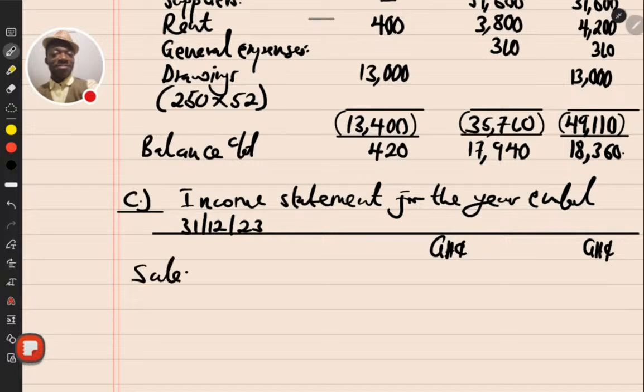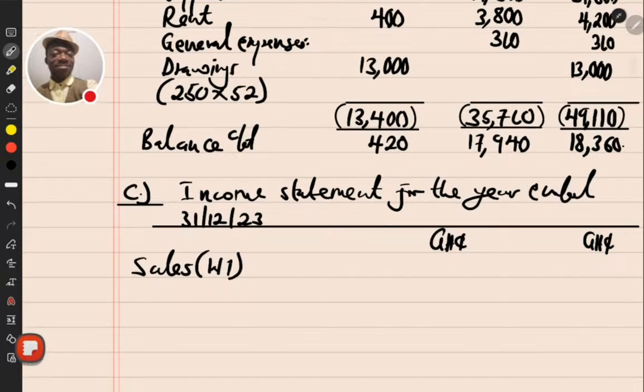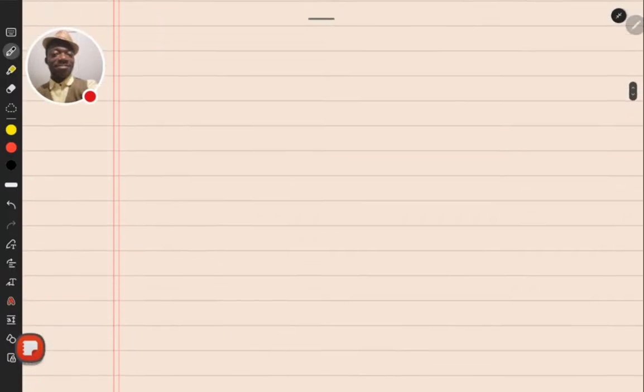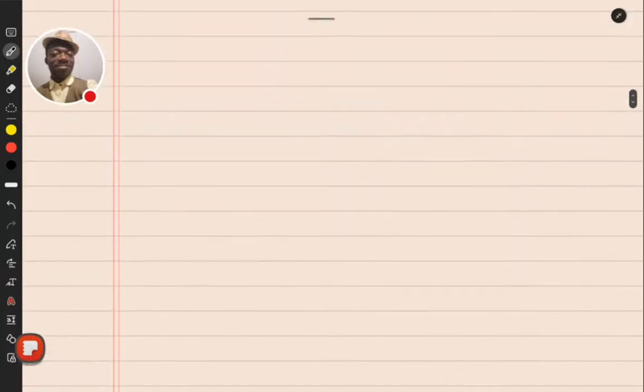But do we know our sales figure? By look, we don't know, so we need to work for it. So let's say it is workings 1, so that we have a column to work for that as well.